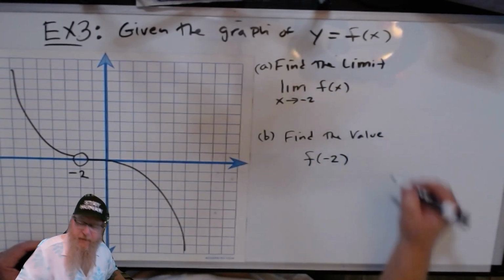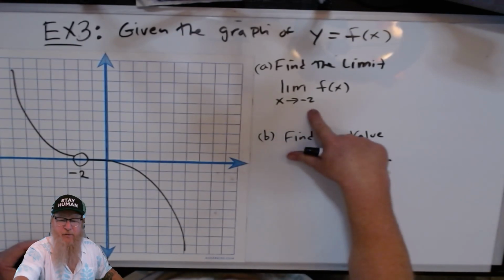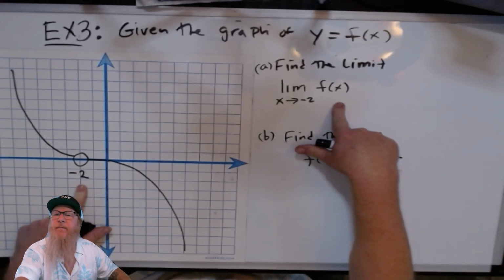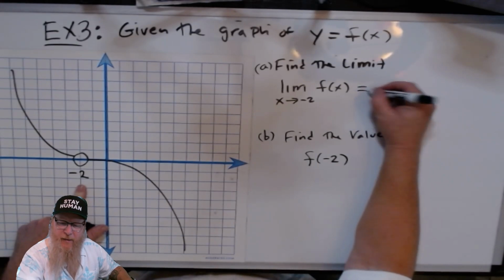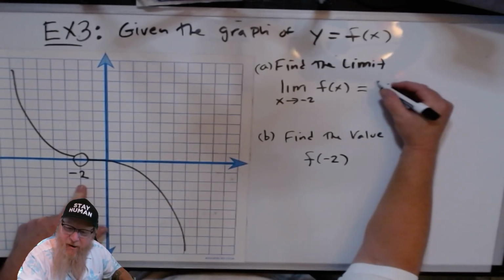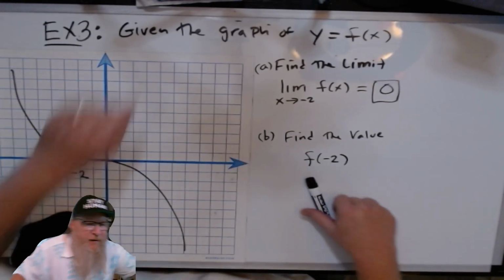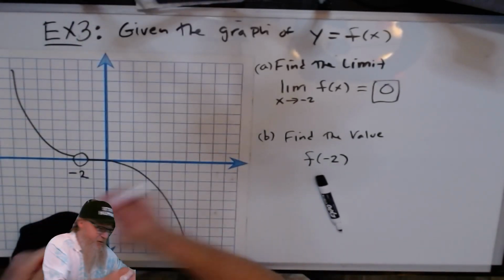So we're going to find the limit as x approaches -2 of the function. All right. Well, this time it's 0. Yeah. The y value here, again, I like to draw the neighborhood.